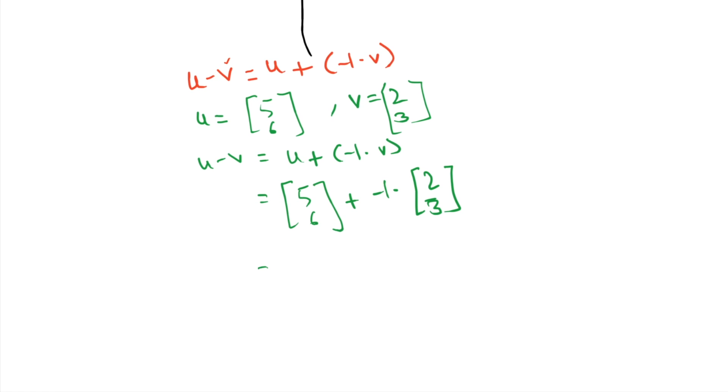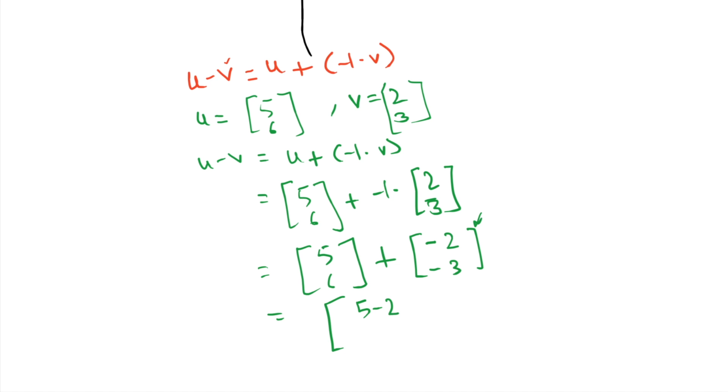And this will be 5, 6 plus minus 2, minus 3. So what I've done is that I've multiplied minus 1 with this vector 2, 3 to give me this new vector minus 2, minus 3. And now we can do a simple vector addition. So it's 5 minus 2 and 6 minus 3, and the result is 3, 3.